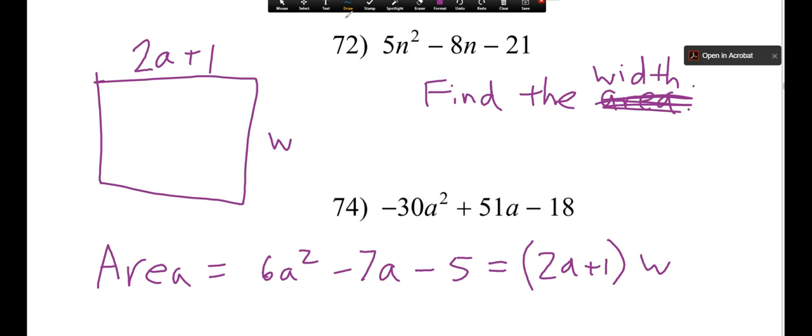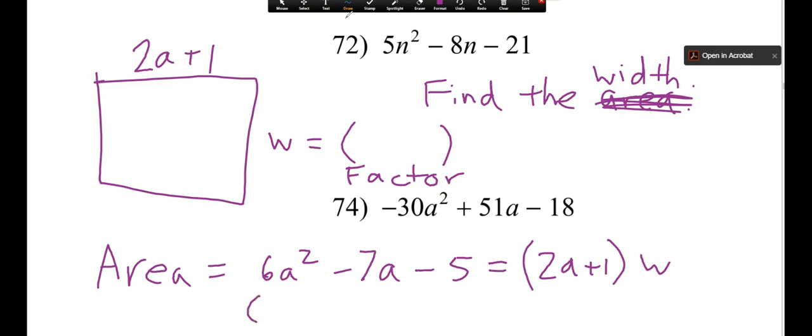I'd find A out of the problem. Okay. Now, do you know that the answer to this question is not going to be a number? The answer to this question is going to be a factor. So, can you tell me what factor I would need?